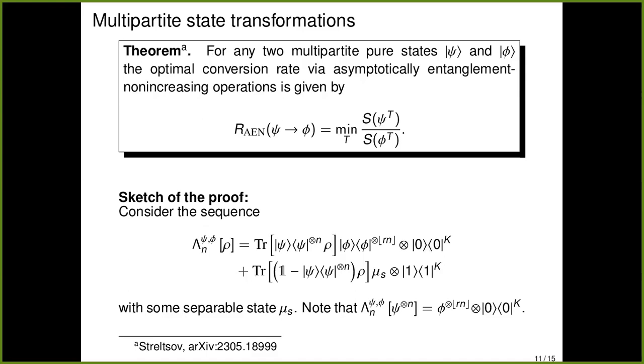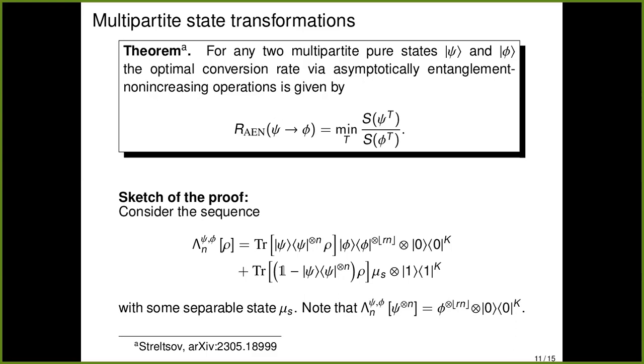This can be done by introducing a sequence of operations of this form. Essentially, we project rho onto n copies of psi, and if this projection is successful, if we get this outcome, then we replace our system by r n copies of phi.